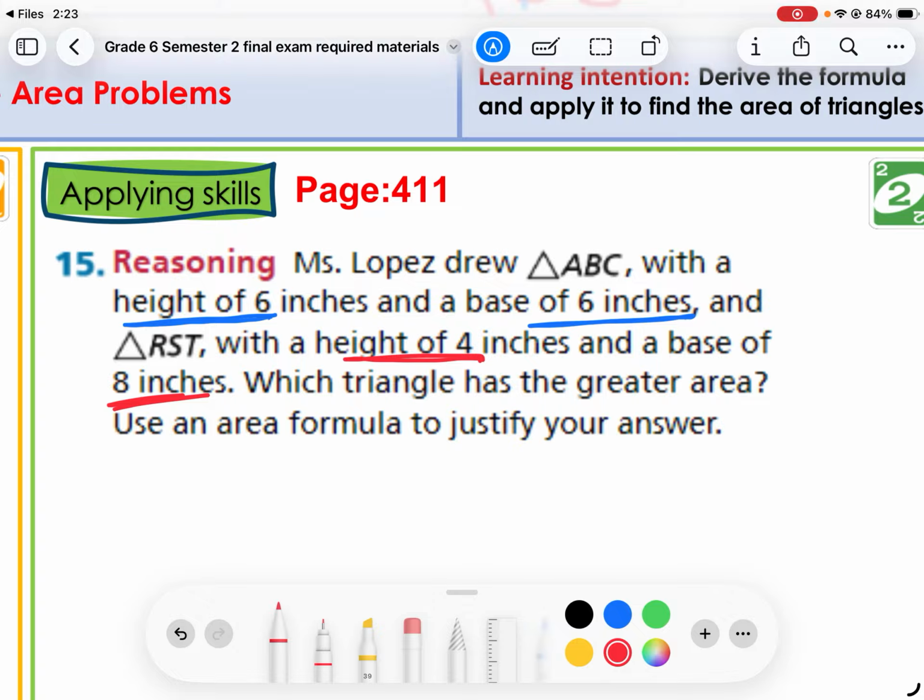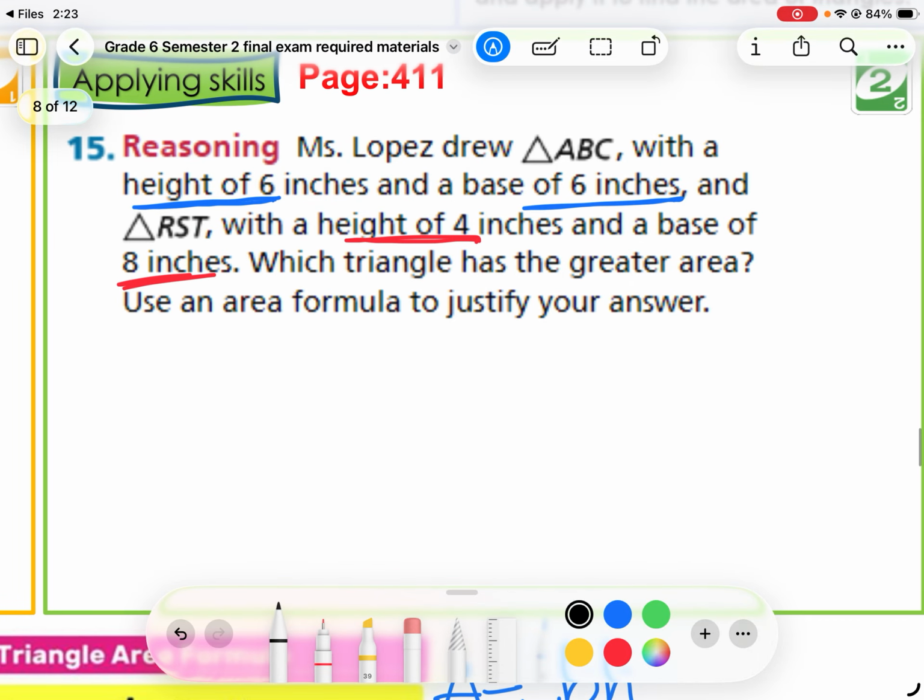We want to know which triangle has the greater area. So in order to find the greater area, we must find the area for each triangle. We will find the area for triangle ABC, and then the area for triangle RST, and then we are going to compare. That's it.